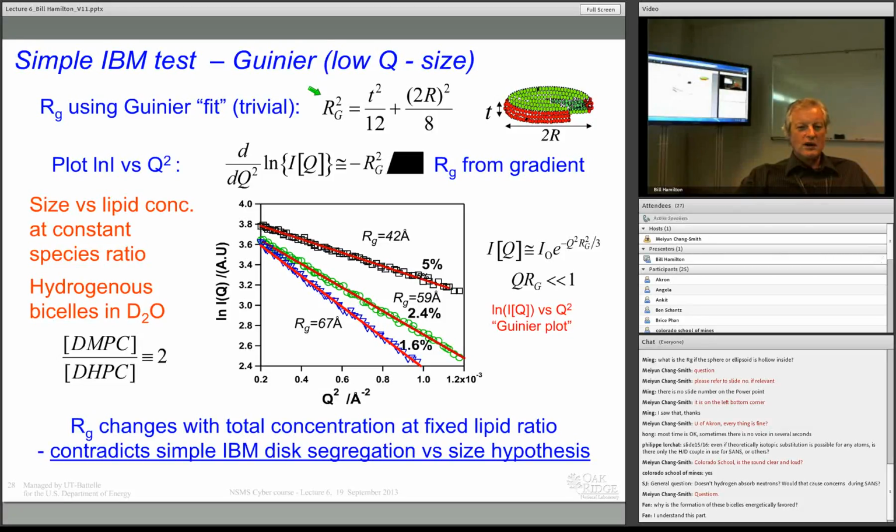And so if we did what we can laughingly call a Guinier fit, because essentially what you do with Guinier is you plot the log of the scattering intensity versus Q squared, and you just draw a ruler through it and you get the gradient. They would all have the same gradient because this would be negative Rg squared Q squared on 3. And what you can tell from these 3 different gradients is that we have 3 different sizes. So the ideal bicelle model is instantly in trouble.